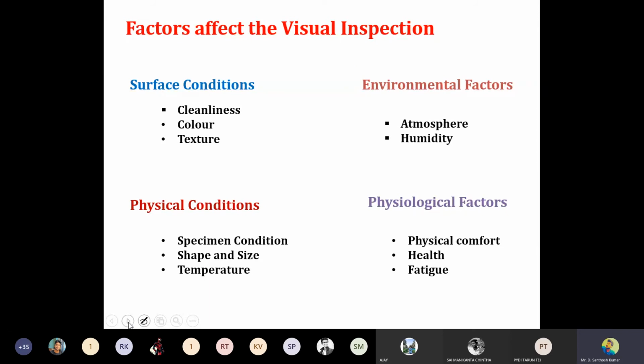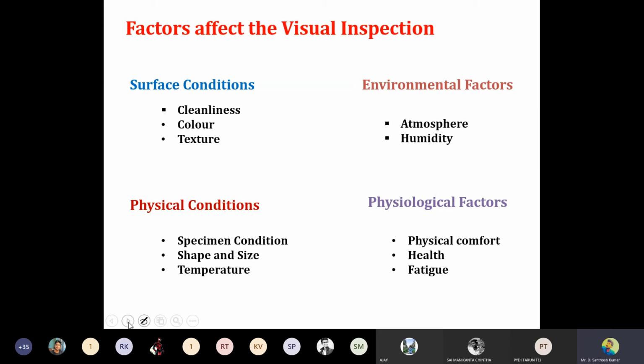If each and every area in the component is easily visible, then it is very easy. But otherwise, if there is any complexity in your component, it is somewhat difficult to identify the defects using the visual inspection technique. As well as, size and shape are one kind of matter.